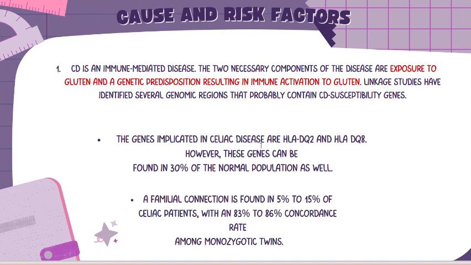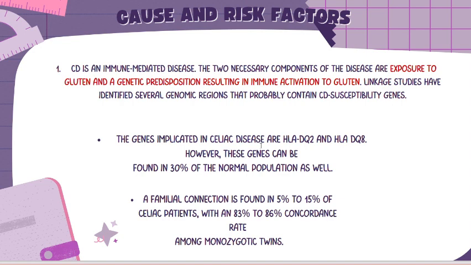So, the 5% to 15% familial connection rate indicates that a small percentage of individuals with celiac disease have close relatives such as parents, siblings, or children who also have the condition. The 83% to 86% concordance rate among zygotic twins highlights the strong genetic influence on celiac disease.